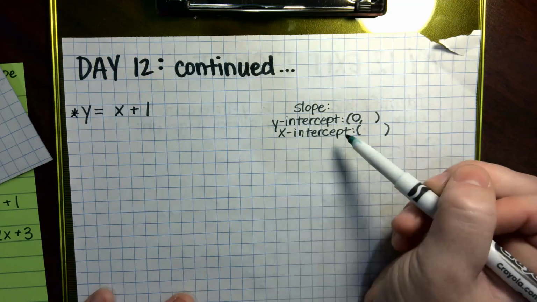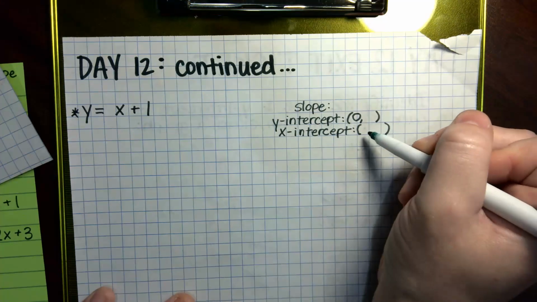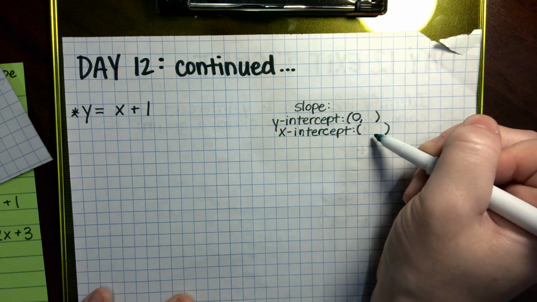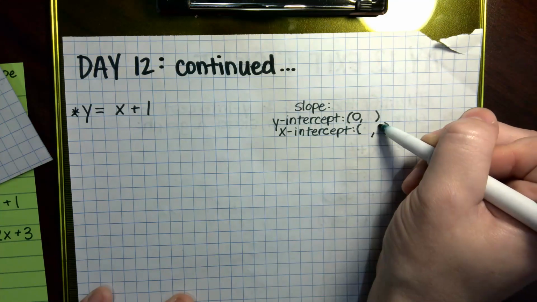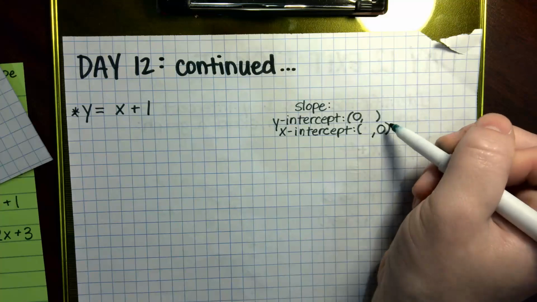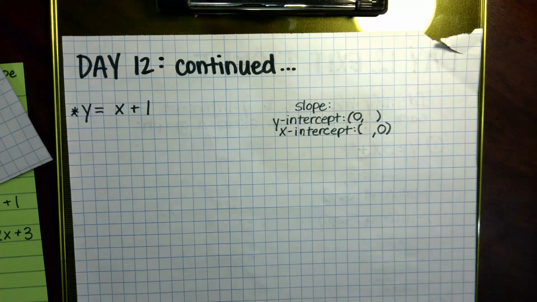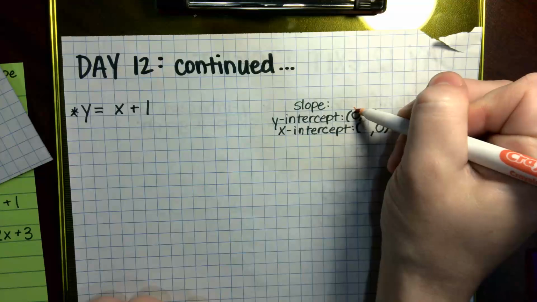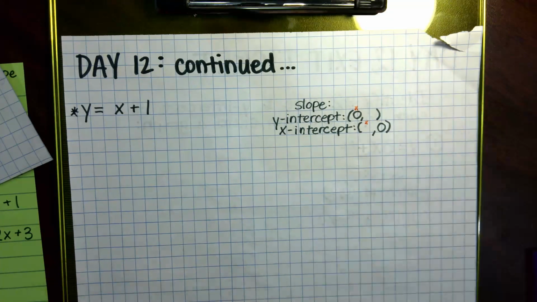For the x-intercept, I'm looking for x, so I can put 0 for y to find x. So I like to start by putting those there. If it helps to label your x and your y, go ahead and do that.